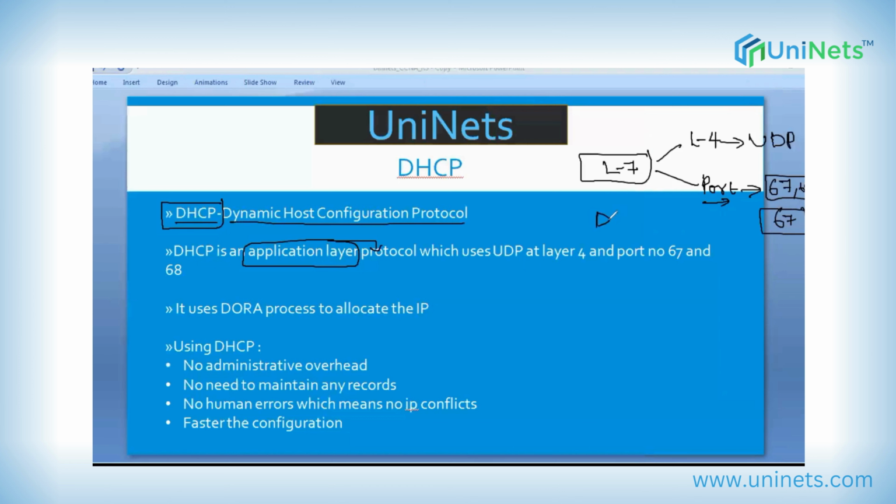DHCP server listens on port number 67 and client uses port number 68. So in total, DHCP uses two port numbers, 67 and 68.